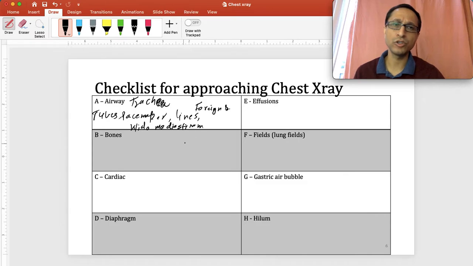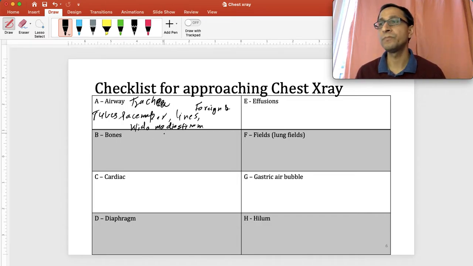A couple of things to watch out for with wide mediastinum, which both the COMLEX and the USMLE love to ask you. Any tumors, any mass lesions, any lymph node enlargement, any infection of the mediastinum, mediastinitis. You could also think of granulomatous inflammation like sarcoid. You can also think of hematoma due to some trauma, blunt force trauma to the chest.